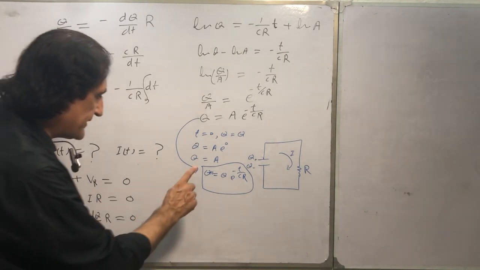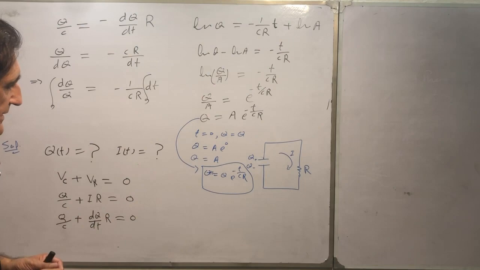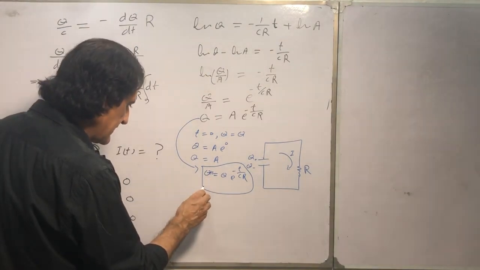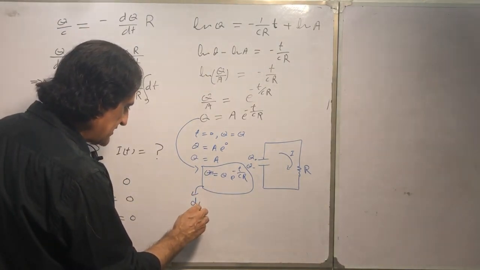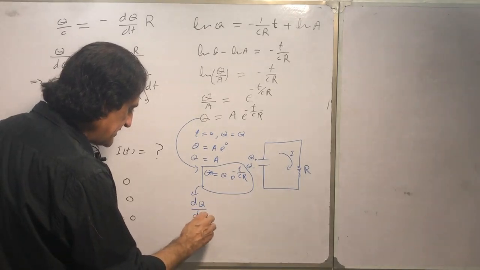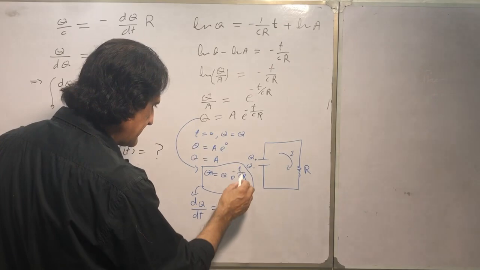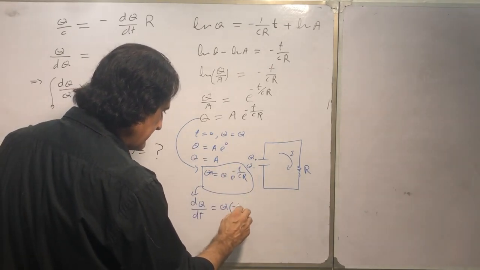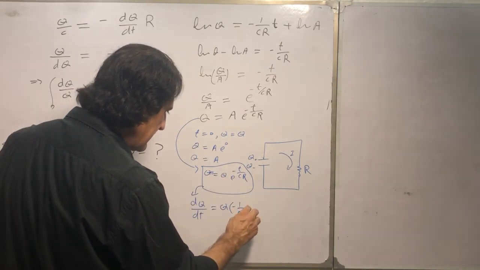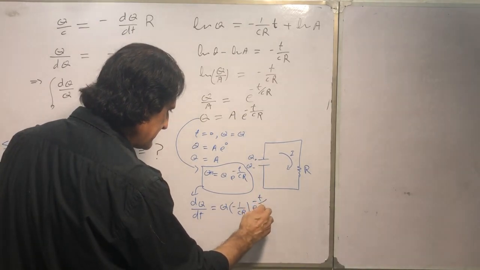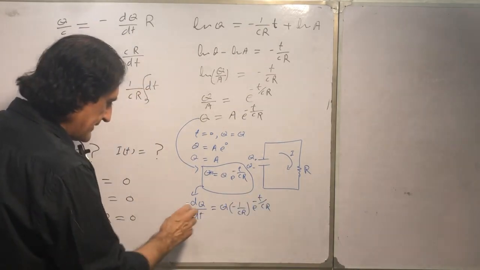Taking the derivative of this expression, dq divided by dt is equal to q naught times the derivative of e to the power minus t divided by cr, which gives minus 1 over cr times e to the power minus t divided by cr.